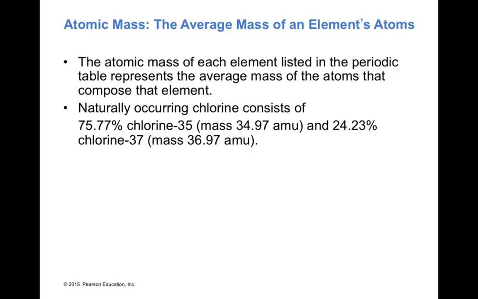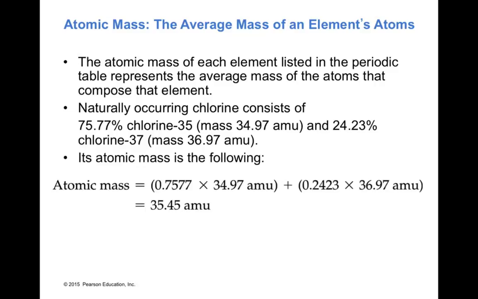So its atomic mass can be calculated as follows. We need to change that percent to a decimal. The natural abundance is most of the time represented as a percent, so we change it to a decimal by dividing the percent by 100. 75.77 divided by 100 is 0.7577.